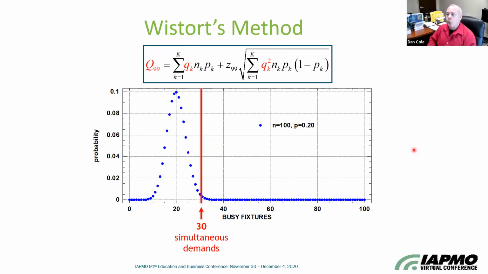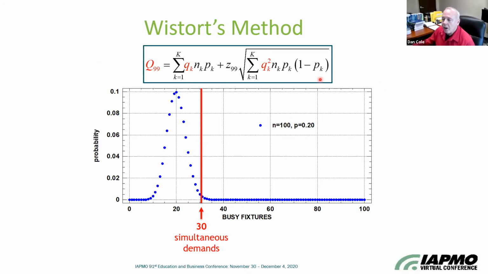The genius of the Wistort method, and this is named after Bob Wistort, he actually presented this method at ASPE's convention in 1994. It just never took root in any code revision. But what he did was ingenious.